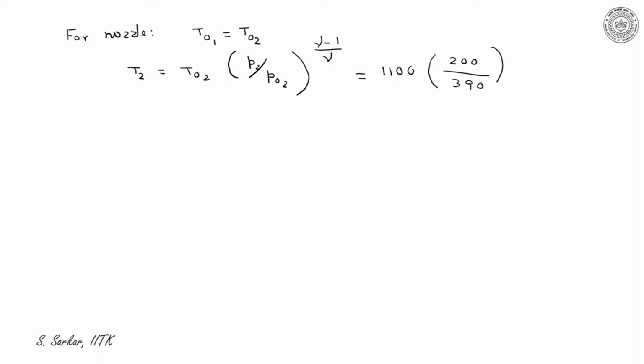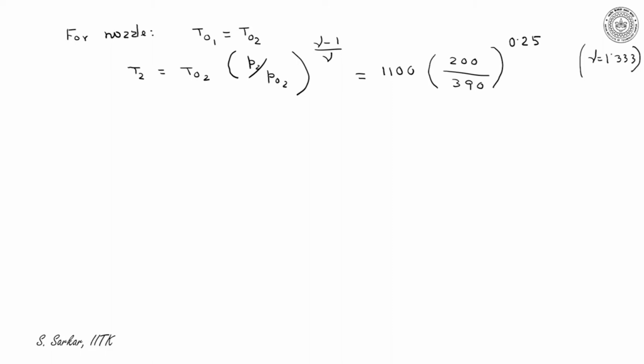And if you consider gamma as 1.33, gamma minus 1 by gamma is 0.25.